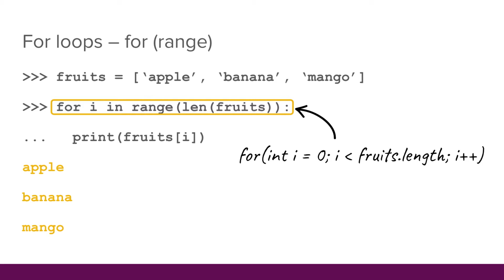So once that counter reaches the length of fruits, we want to stop. This for loop is implicitly incrementing i, well, actually it's range that will be incrementing i. So that's the anatomy of what a range loop looks like.